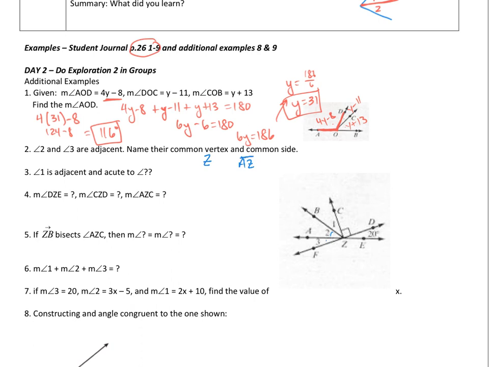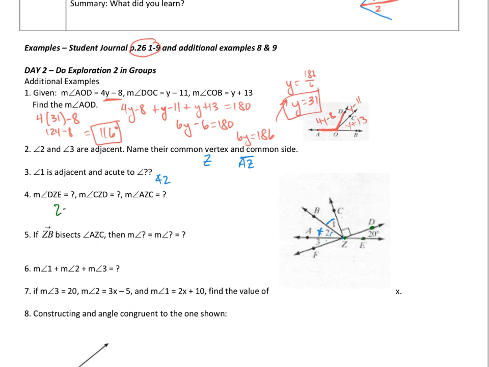All right, angle 1, right here, is adjacent and acute to angle what? Adjacent and acute, meaning they're talking about angle 2 right in here. Then angle DZE equals what?